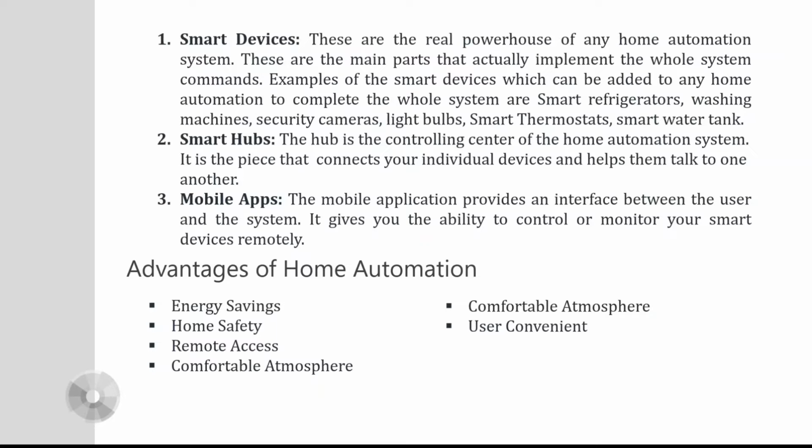Examples of smart devices are smart refrigerators, washing machines, light bulbs, etc. Coming to smart hubs, a hub is the controlling center of the home automation system. It is the piece that connects your individual devices and helps them talk to one another, like mobile apps. Coming to mobile apps, here we use the Blynk platform to control the devices in the simulation part that we will see further.